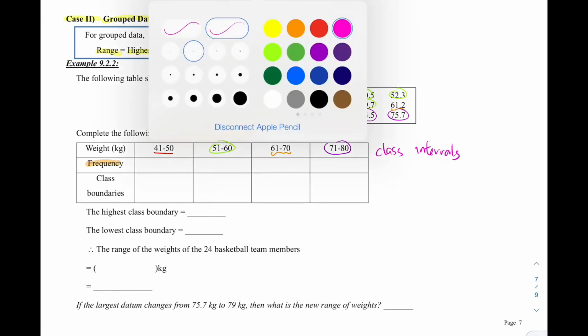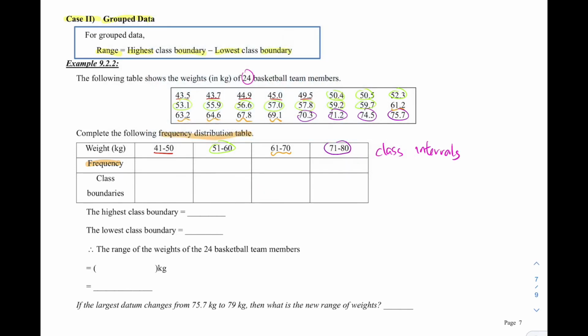So for the first class interval from 41 to 50 kg, there are 5 data. And for the next class interval, 51 to 60 kg, we have 10 data. And for the third class interval, we have 5 data. And for the last one, we have 4 data.